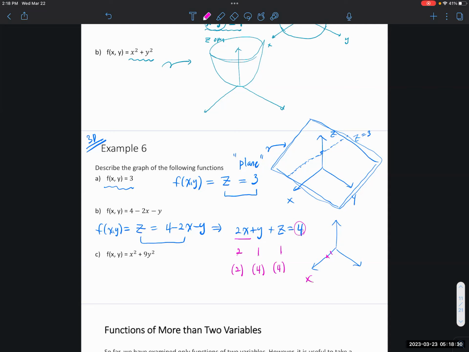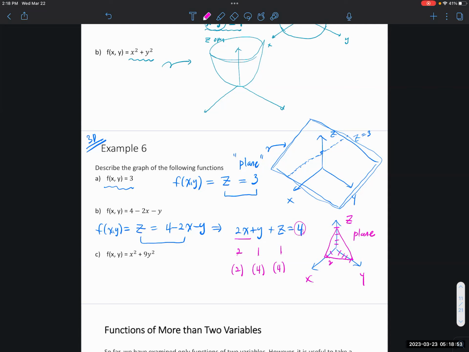So on the x-axis, you have a 2, the y-axis, you have a 4, and z, you have a 4. So you're going to connect those 3. So this is a triangle plane. So this function is going to give you another plane like a triangle.